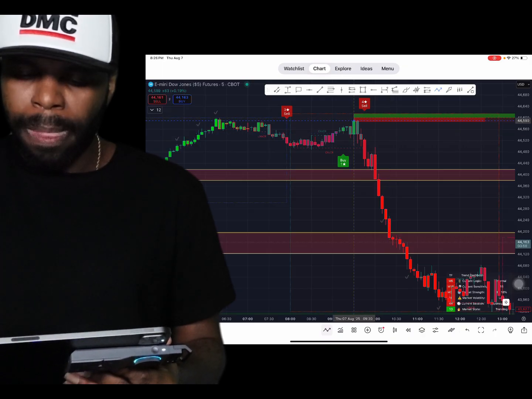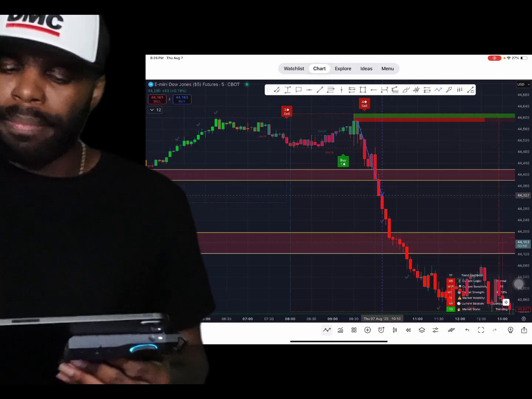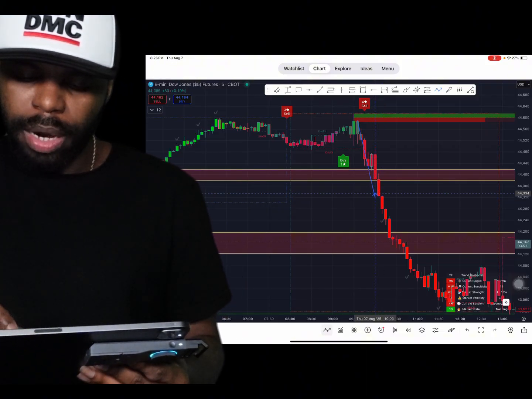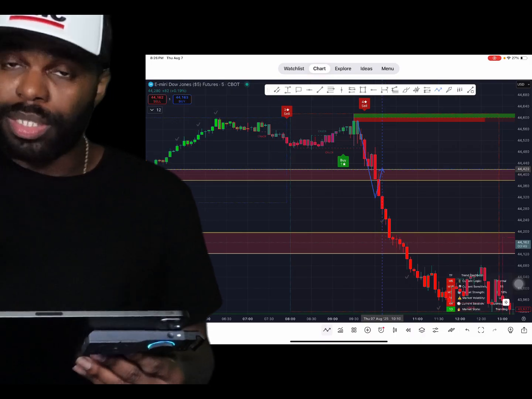You could have waited for price to come all the way down here and break this zone, and wait for a pullback into the zone, which it did right here.